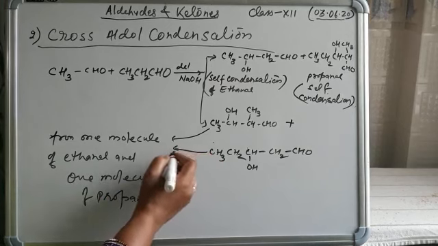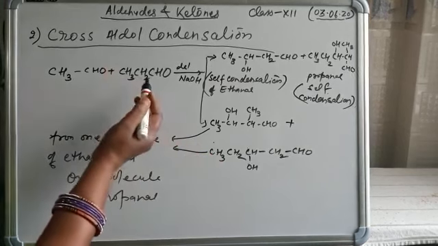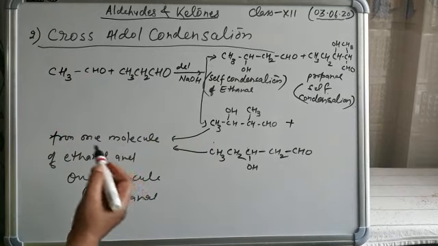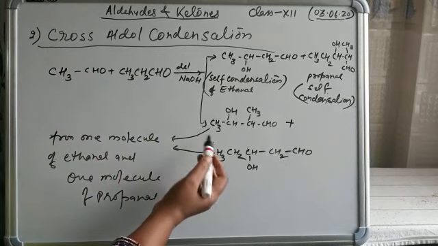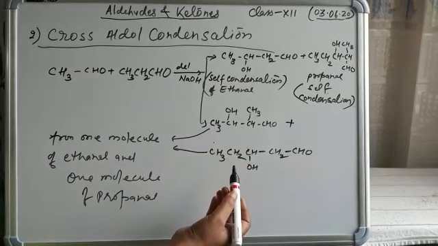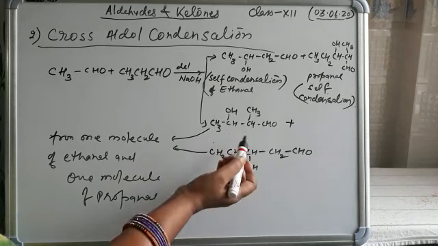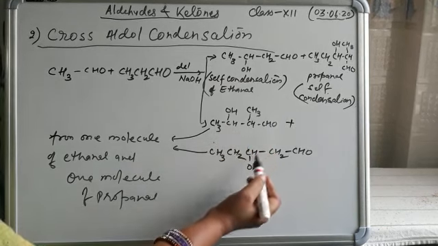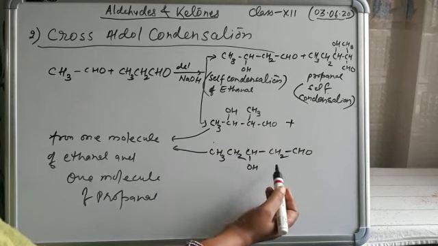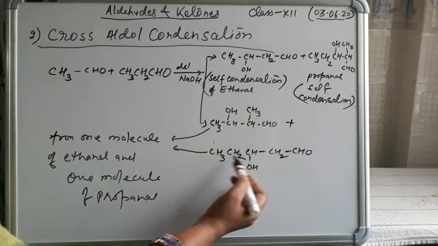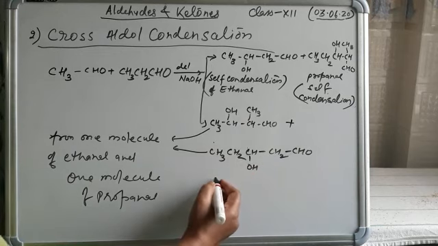These two will be formed when one molecule of ethanal and one molecule of propanal combine or condense to each other to form these two different molecules. 3-hydroxy 2-methyl butanal, 1, 2, 3, and 3-hydroxy pentanal.